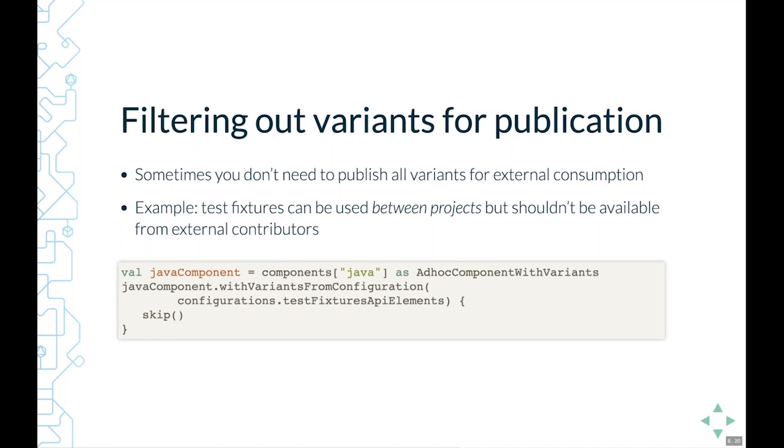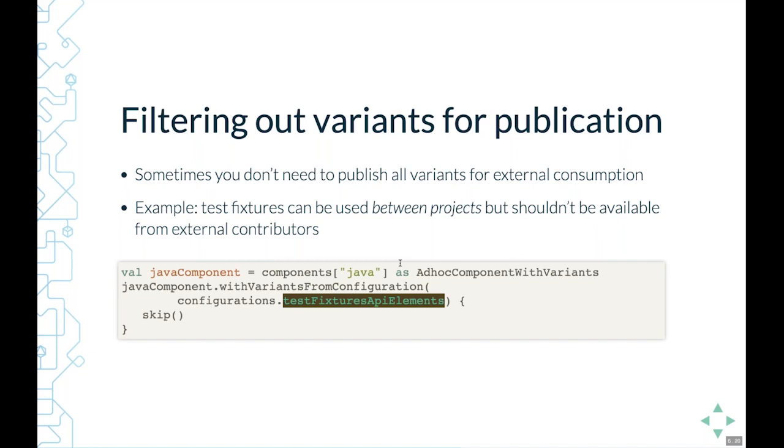In a multi-project setup, I want my consumers to be able to use the test fixtures, but I don't want to maintain that as a public API for external consumers. So I just want to exclude all these test fixtures from the publication, and I don't want them to be on the repository. So again, we can use this ad hoc component with variant API just to say, for the test fixtures API element variants, skip it.